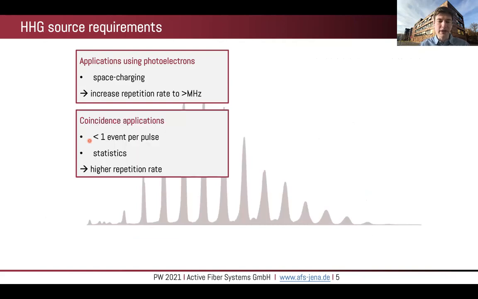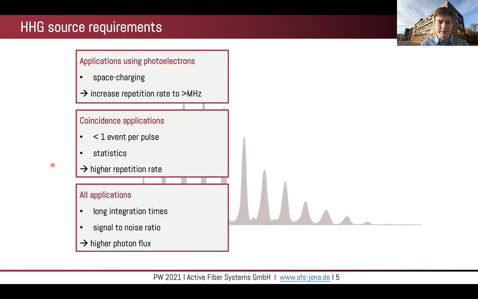Then there are the also mentioned coincidence applications, which have to be operated in a way that less than one event per pulse statistically happens, so that they can really sort out the data. To get reliable data, the statistics has to be good enough, which means you have to gather enough data, and this can also be achieved by a high repetition rate system.